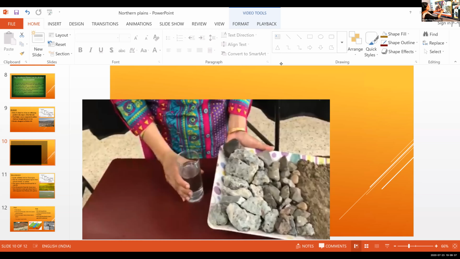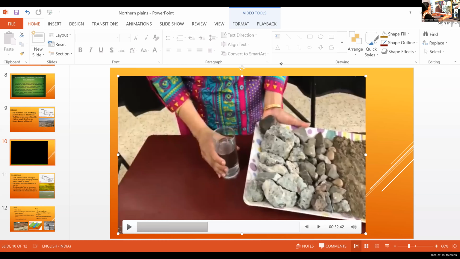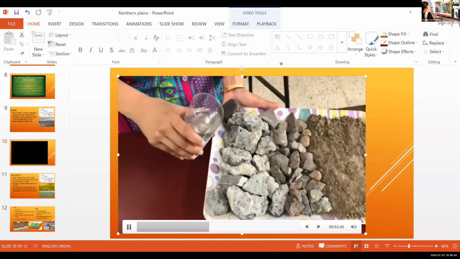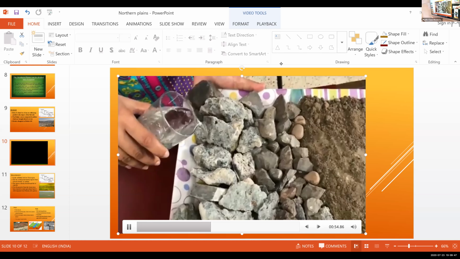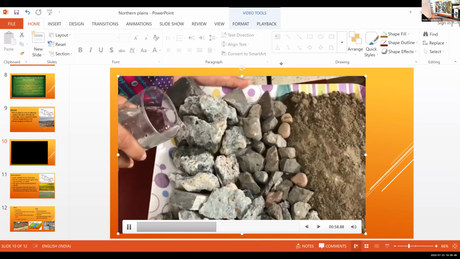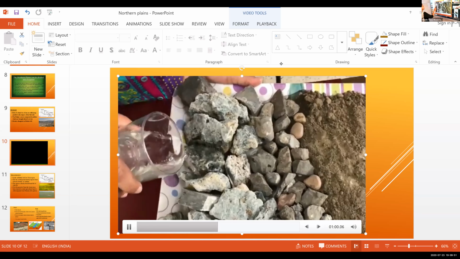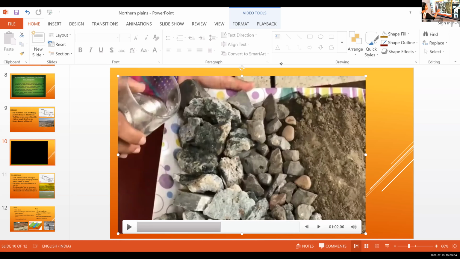It's a slope area and gradually becomes a flat surface. As the rivers start from here, we cannot see the water flowing. Why can we not see the flow of water on this side? Because of the rocks and pebbles.